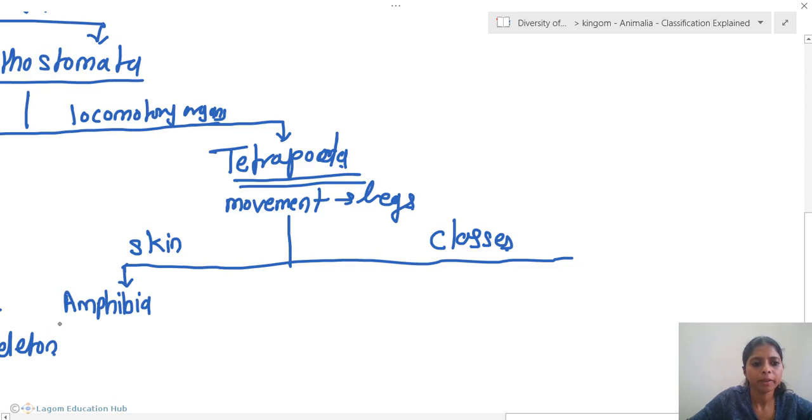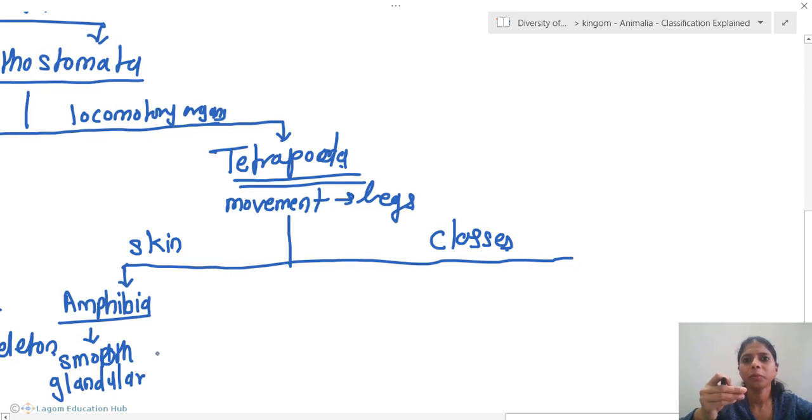Amphibia. Here the skin is smooth and glandular. Glandular means the skin is provided with glands. See, a frog has mucus glands over its skin. That's why it is slimy. So animals with that kind of skin are included in Amphibia.